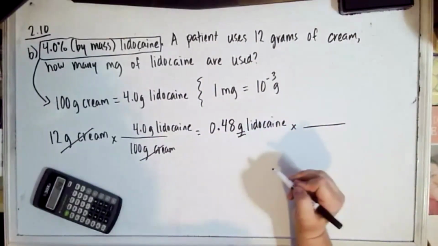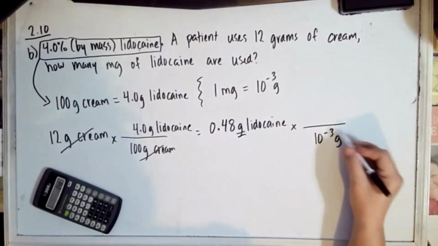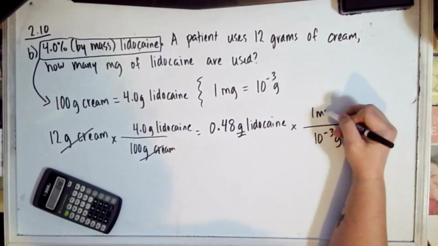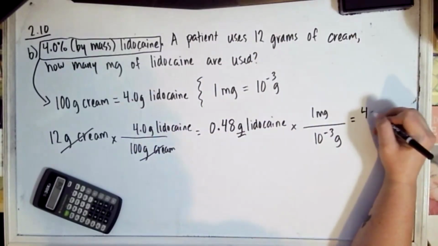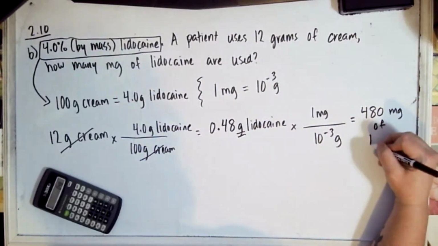So we have a gram value up here. So we're going to put our gram unit on the bottom so that it cancels, and our 1 milligram up top. And we're going to end up with 480 milligrams of lidocaine.